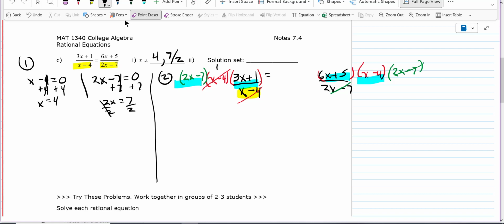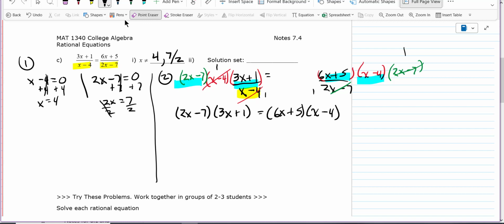Remember, when you cancel something out, it's a 1. It's a 1 over 1. So we end up here with 2x minus 7 multiplied by 3x plus 1 is equal to 6x plus 5 multiplied by x minus 4. So we have to solve this resulting equation.